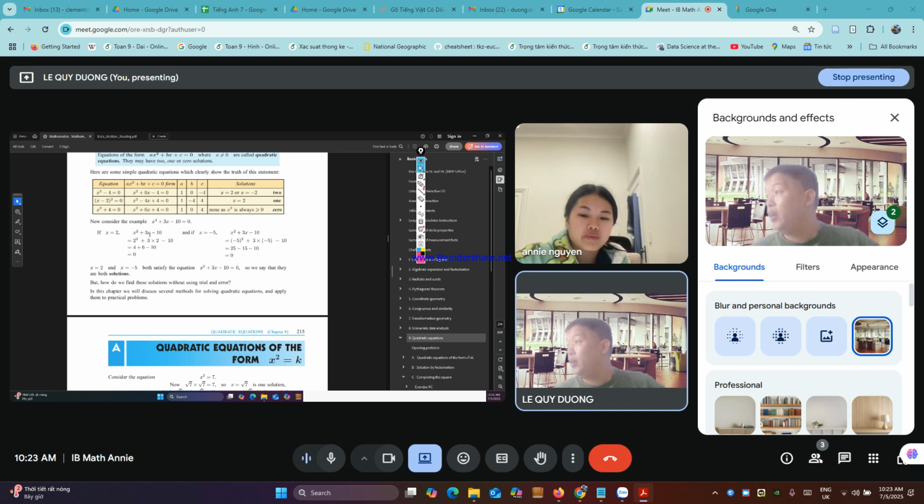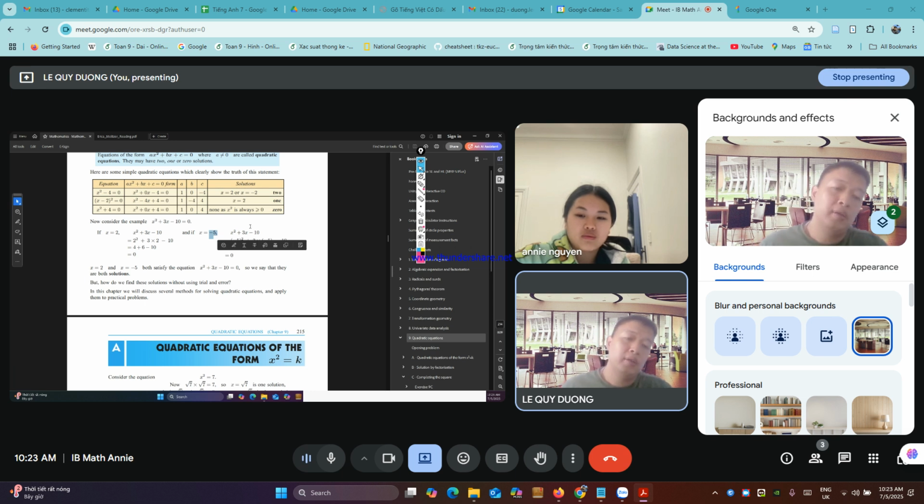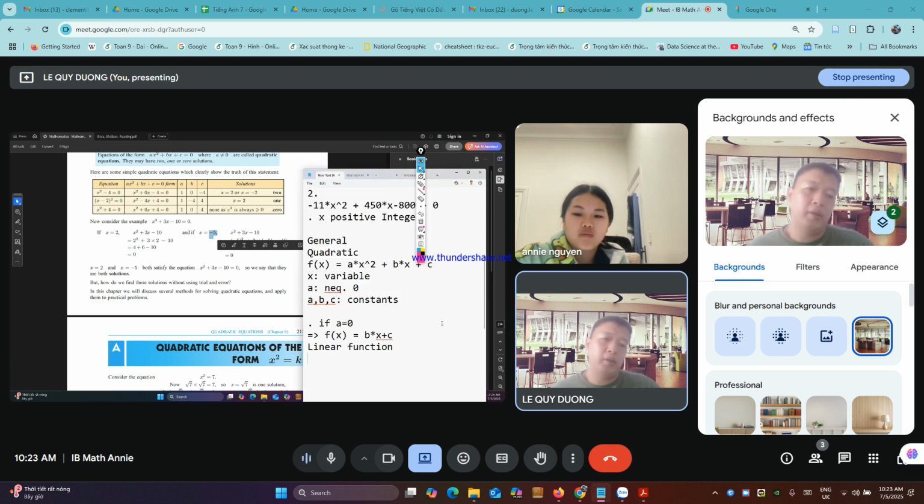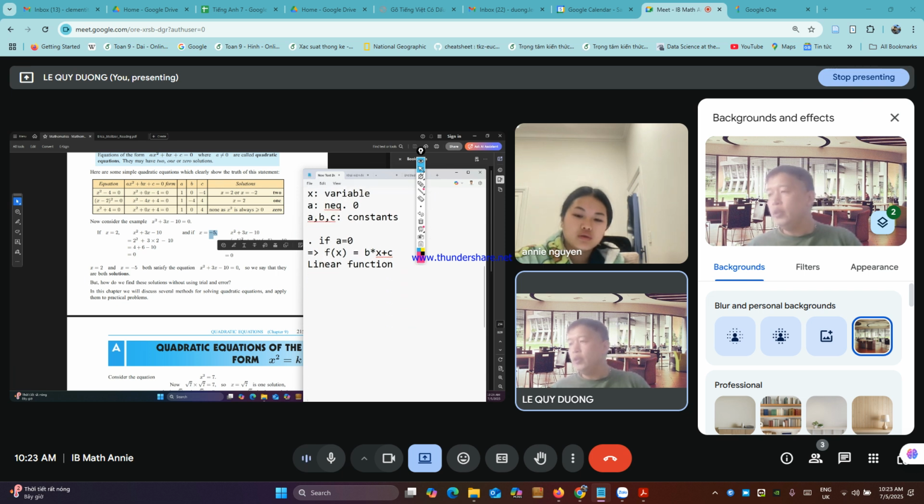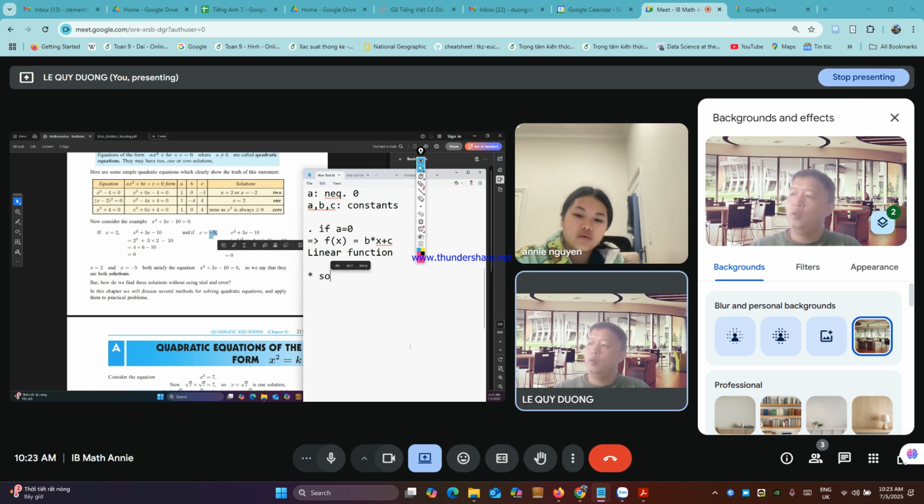They show that it can really be equal to 0. So there are two solutions to the problem, x equal to 2 and x equal to minus 5. However, there's another method to solve this.